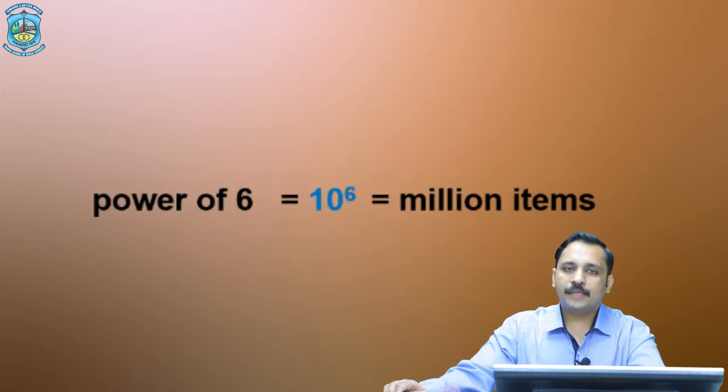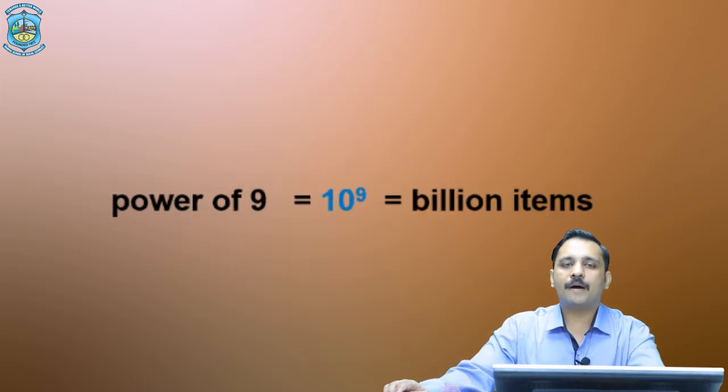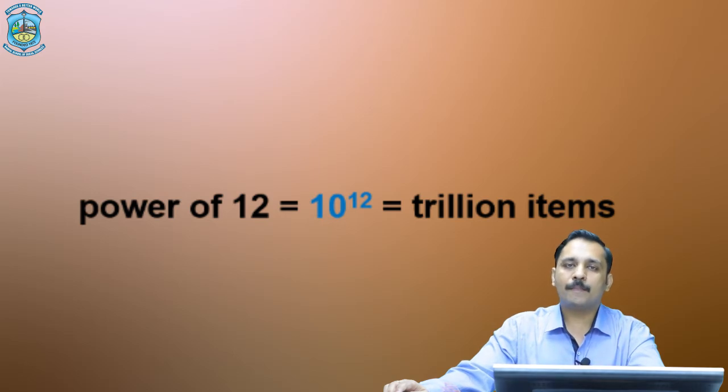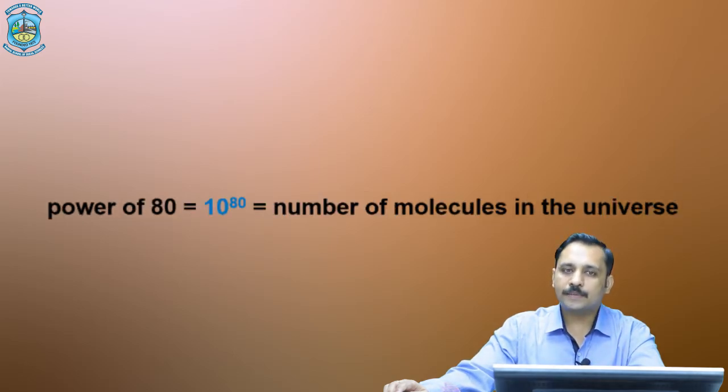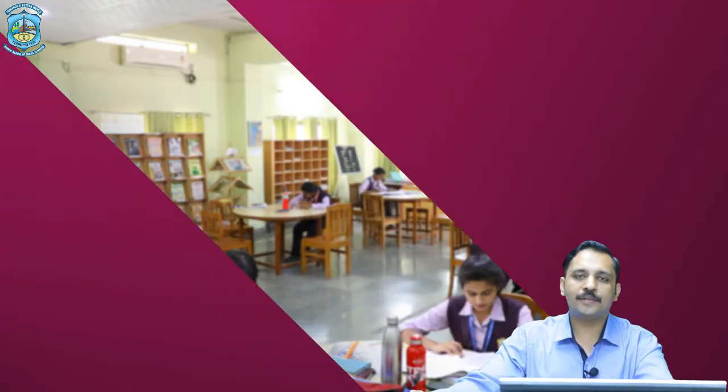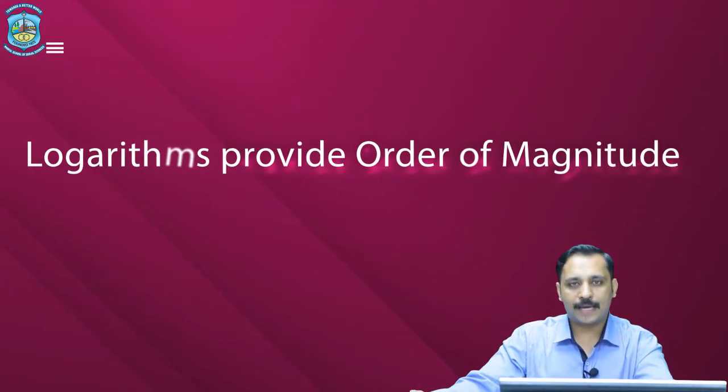The power of 3 is 1000 items, power of 6, million items, power of 9, billion items, power of 12, trillion items, and so on. If we have power of 80, that is 10 raised to power 80, it is estimated that it is the total number of molecules in the universe. So you see, on a scale of 0 to 80, we have started from a single item and we have reached the total number of molecules in the universe. That's the power of logarithms.